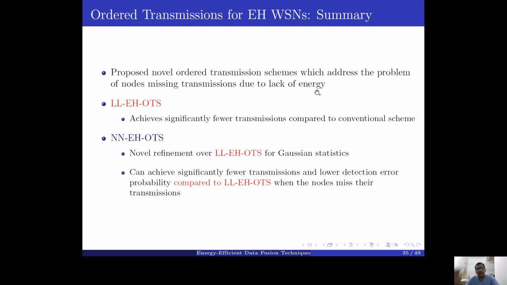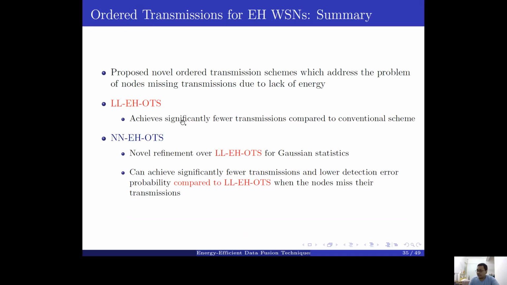Thus, when we studied order transmission scheme for detection with WSNs, we learned that even if the nodes miss their transmission, it is possible to implement order transmission scheme by introducing the concept of pilot transmissions. The first scheme we proposed, LH-OTS, achieves significantly fewer transmissions compared to the conventional scheme.